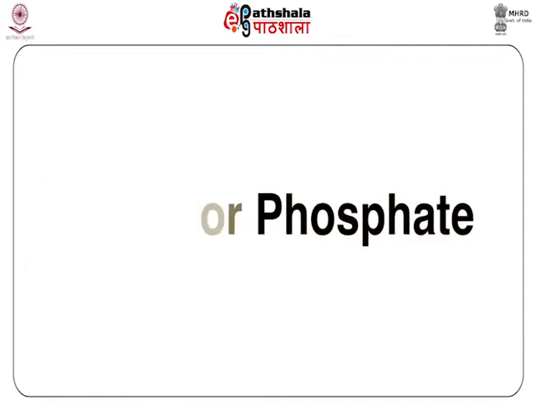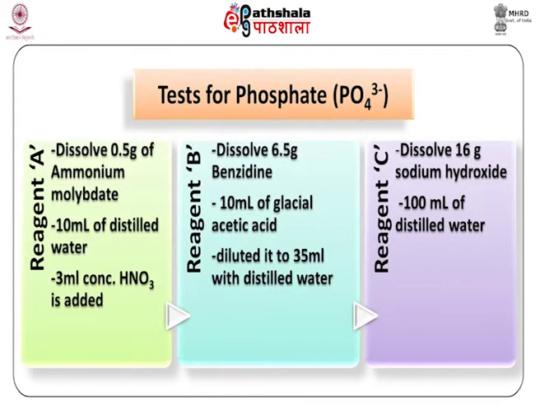Test for phosphate. Reagent A is prepared by dissolving 0.5 grams of ammonium molybdate in 10 milliliters of distilled water and then 3 milliliters of concentrated nitric acid is added to it.